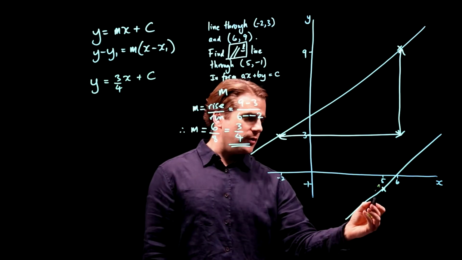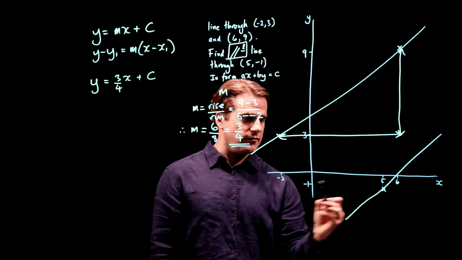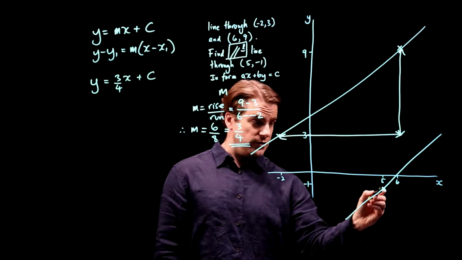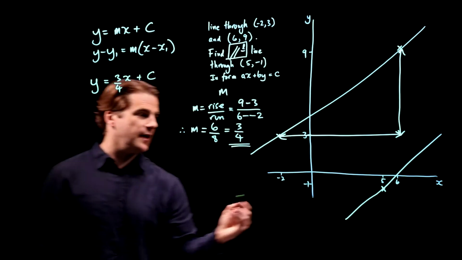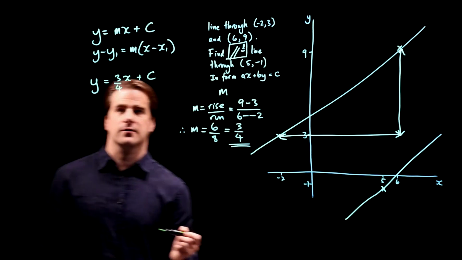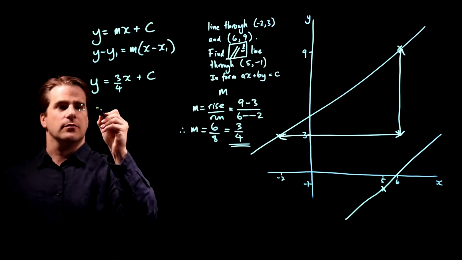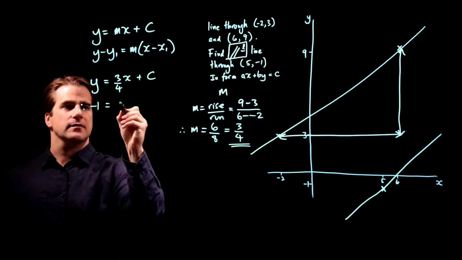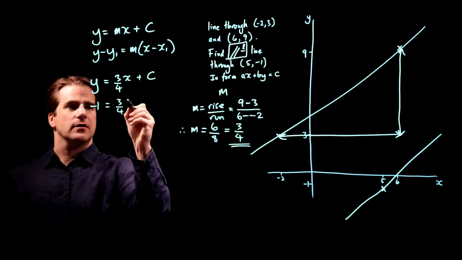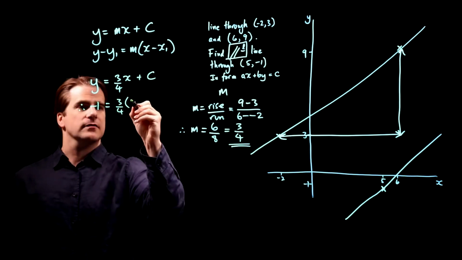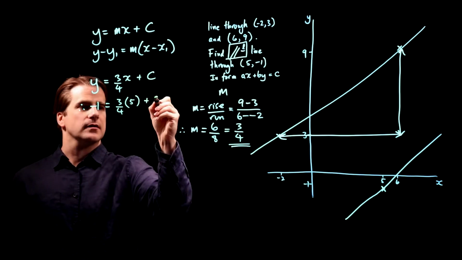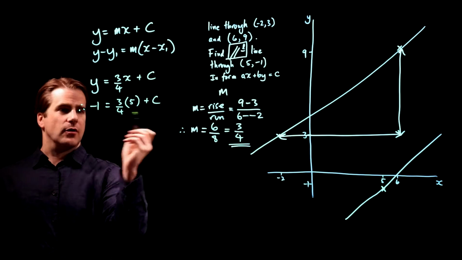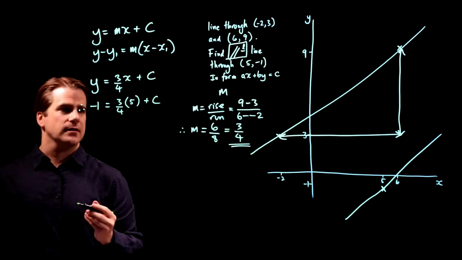Well, we only know one point, and that's the point 5, -1. We know for sure that that point is on this line. So we take x is 5 and y is -1. So therefore, -1 is 3/4 of 5, use brackets when subbing in, plus c. So now we've got one equation, one unknown, we can find c.